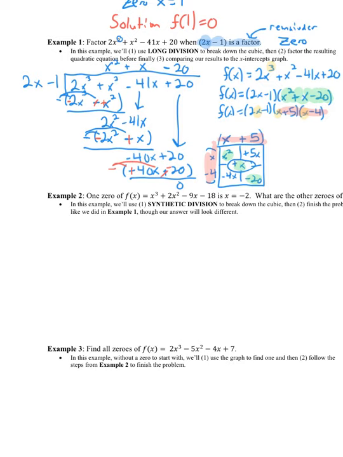And what I want to do is I want to start by graphing the original equation, 2x cubed plus x squared minus 41x plus 20. And technically I can graph the intermediate equation too, which after I divided, I had 2x minus 1 times x squared plus x minus 20.